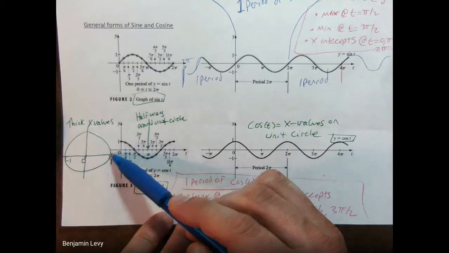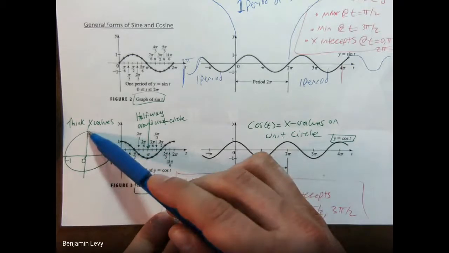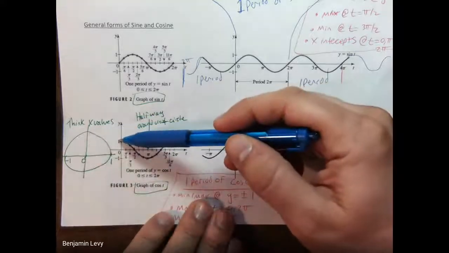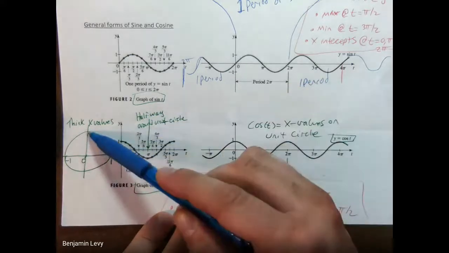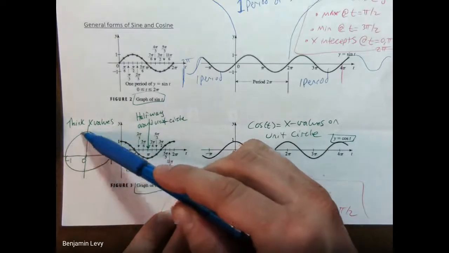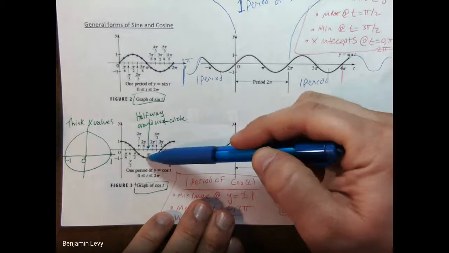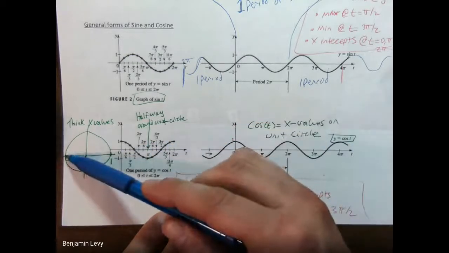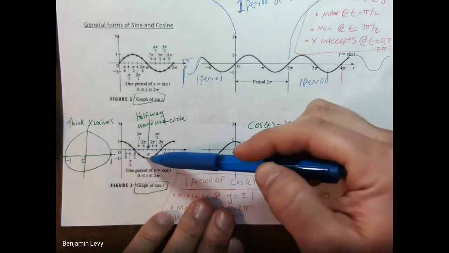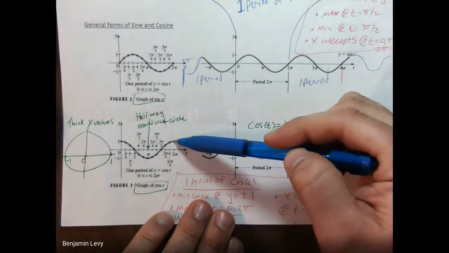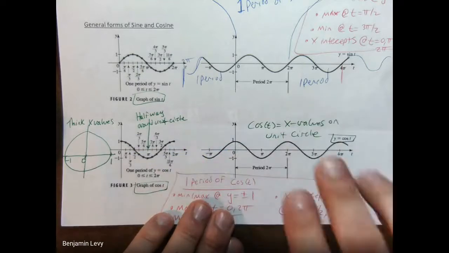Then the x value goes to 0 as it traces out the first quarter of the unit circle, which is why this piece goes to 0 on the first quarter of its shape. Then the x value goes to -1 in this piece. And then when the x value is at -1, it goes back to 0 and then back to 1. So this is just tracing out, again, the x values on the unit circle.